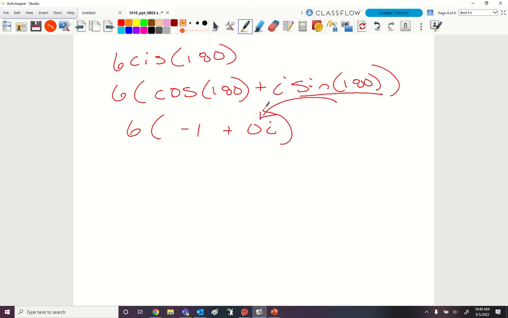Anything times 0 is always going to be 0, so even though it's i times 0, that's still 0. Now when I distribute this, 6 times -1 is -6, and 6 times 0 is 0i. So my answer is just going to be -6, and that is in the rectangular form.